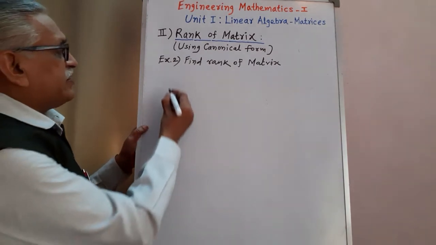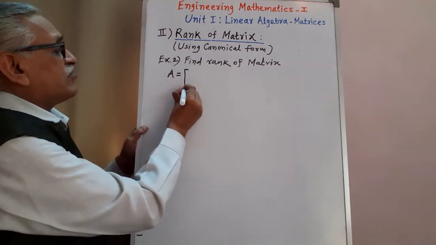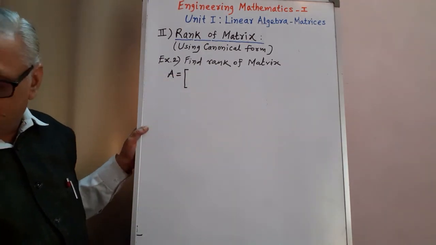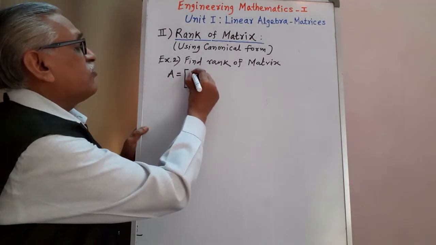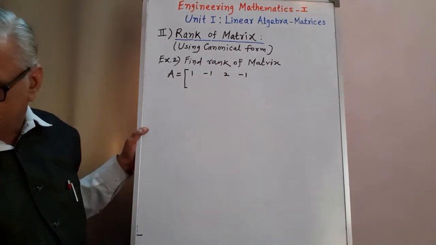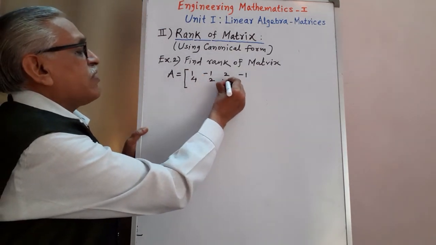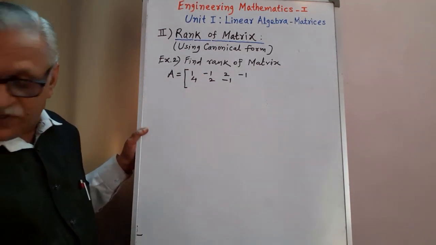Find the rank of matrix, and that matrix A is having the elements 1 minus 1, 1 minus 1, 2 minus 1 in the first row. Second row, 4, 2 minus 1, 2.